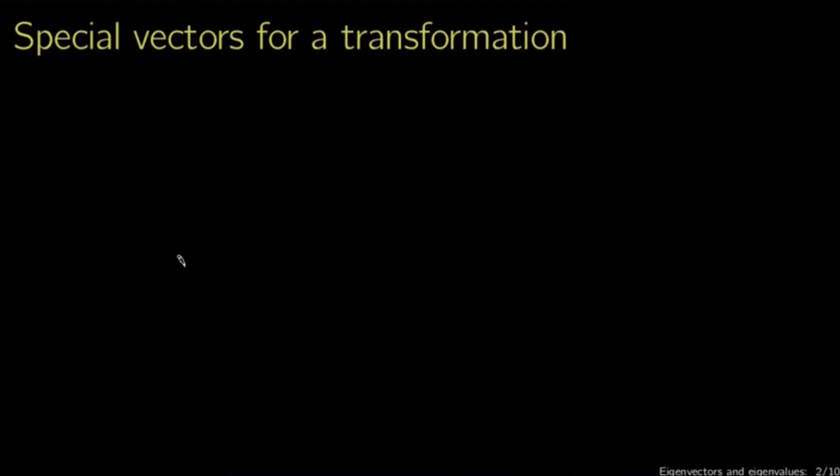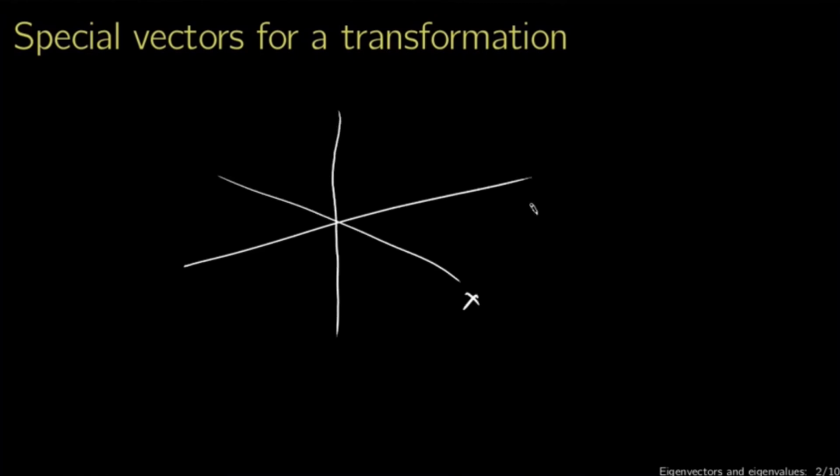Suppose, for example, I have Cartesian free space, with an x-coordinate, y-coordinate, z-coordinate, x-axis, y-axis, and z-axis. If I consider a transformation that is rotation about the z-axis, a vector here in the x, y plane would be rotated around to point in some other direction, remaining in the xy plane.